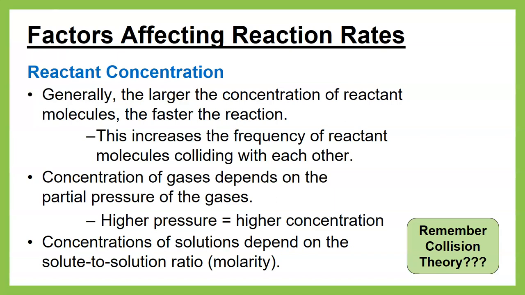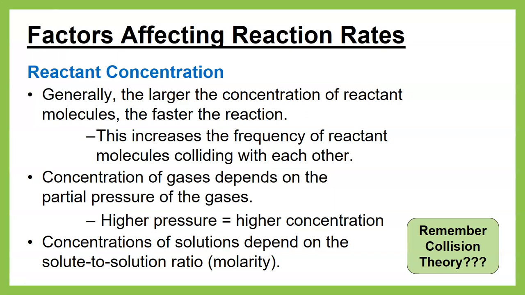And all of these things that we're talking about relate back to that collision theory that you learned about in Honors Chem. That particles need to collide, and they need to collide hard enough, and they need to collide with the correct orientation. So things like raising the temperature increases how hard they're hitting, increases how often they're hitting.